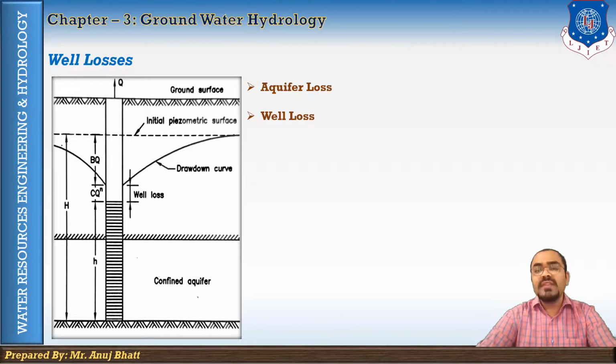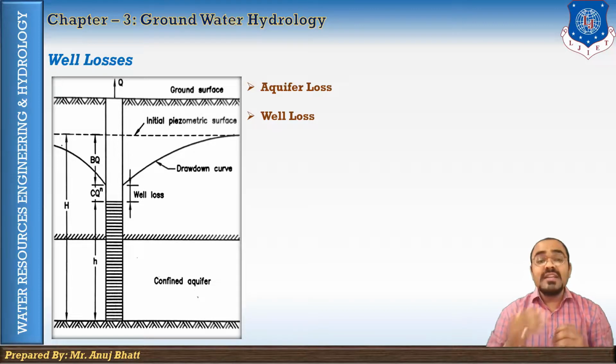The flow in the immediate vicinity of the well has a steep hydraulic gradient, and at that stage Darcy's law is not applicable. In this case turbulent flow generally occurs, and that's why we are not able to apply Darcy's law near the well face.